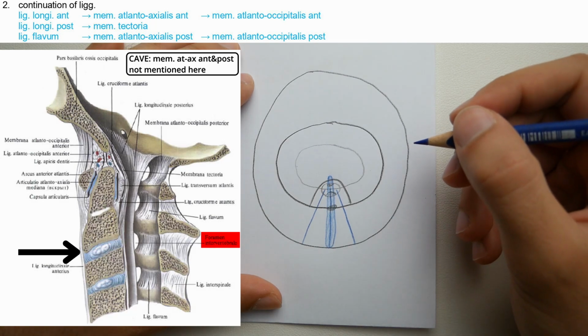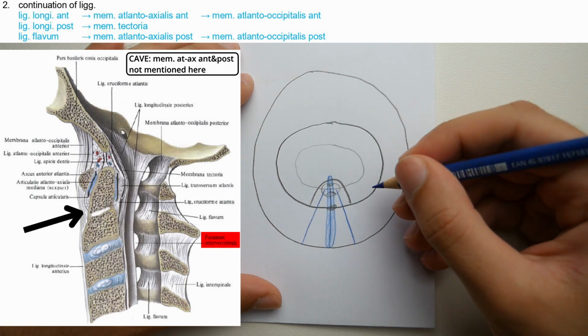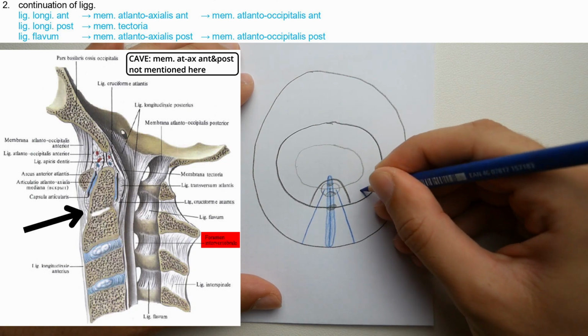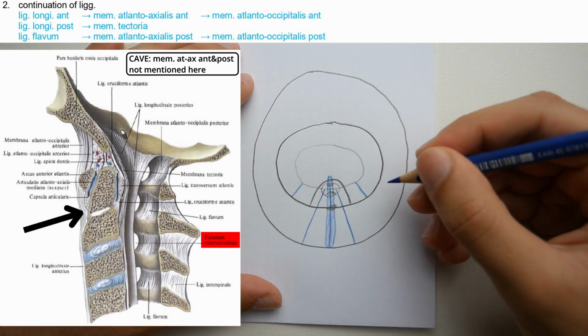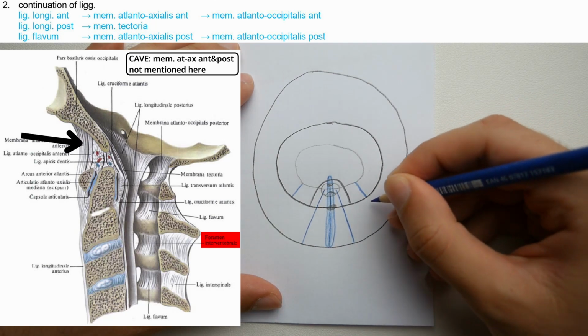The ligamentum longitudinale anterior continues as membrana atlantoaxialis anterior and membrana atlantooccipitalis anterior.